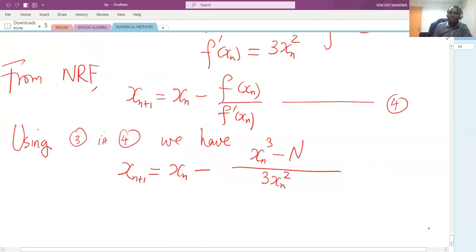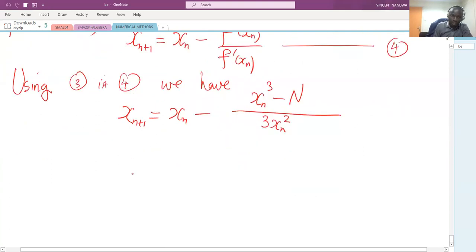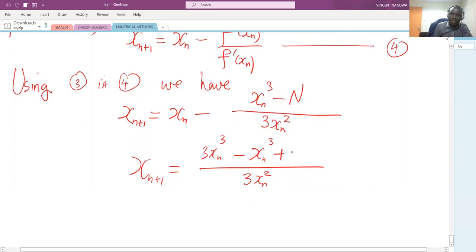What remains is just simple mathematics to simplify this equation to have a common denominator. So xn plus 1 equals, the LCM is 3xn squared, so we get 3xn cubed minus xn cubed plus n, over 3xn squared, which is 2xn cubed plus n over 3xn squared.